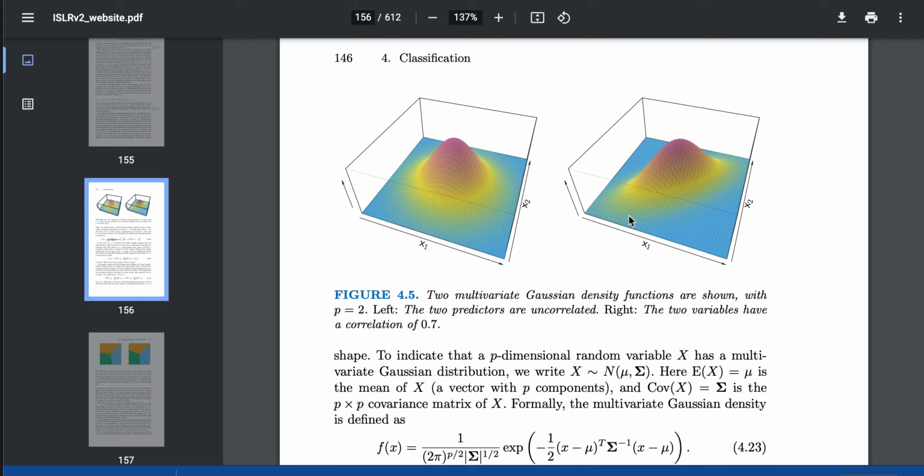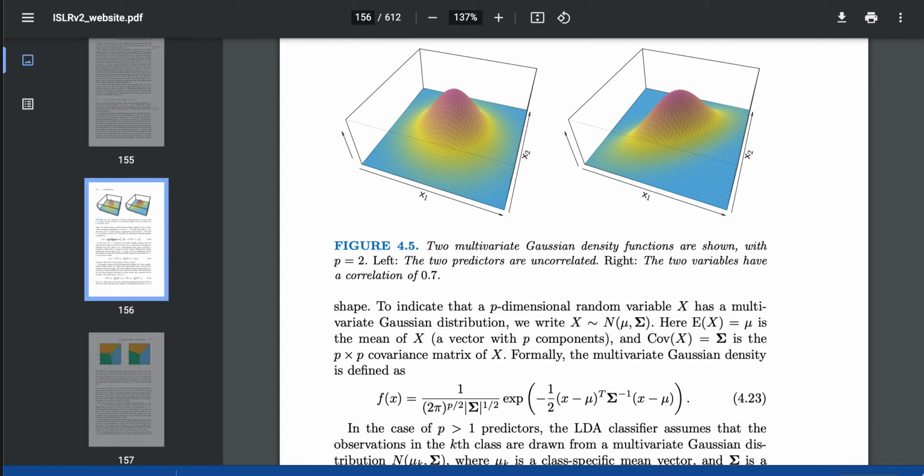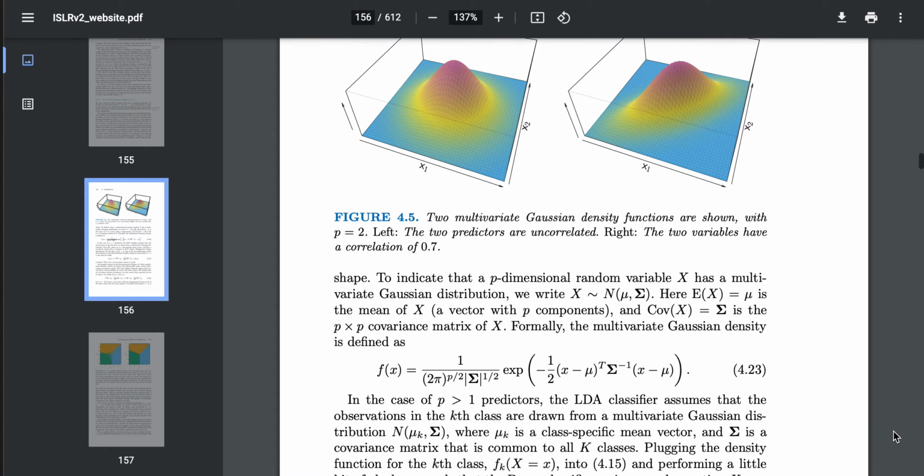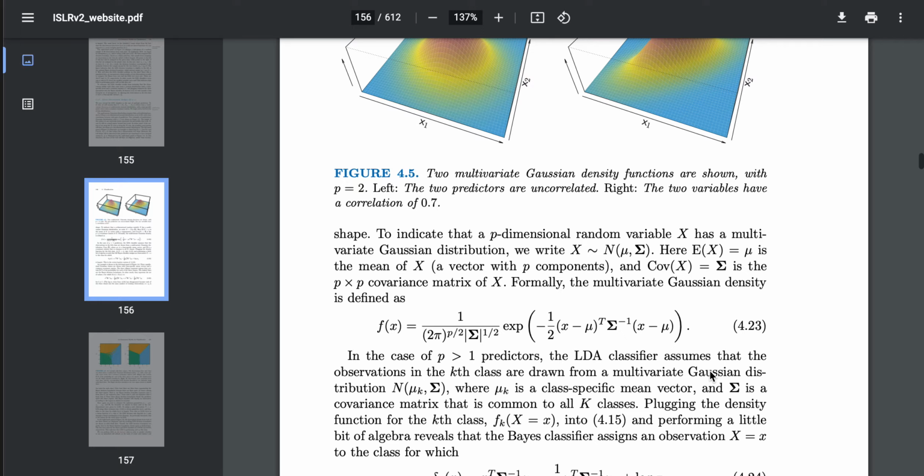But we can also have correlation, and here the features are correlated, and this has an orientation.